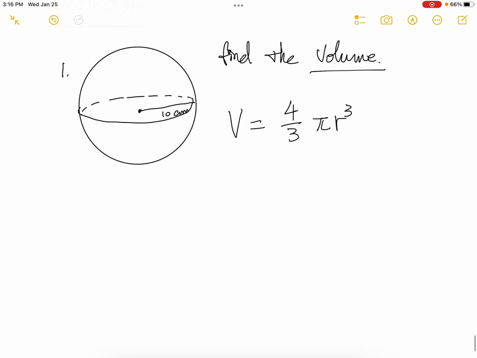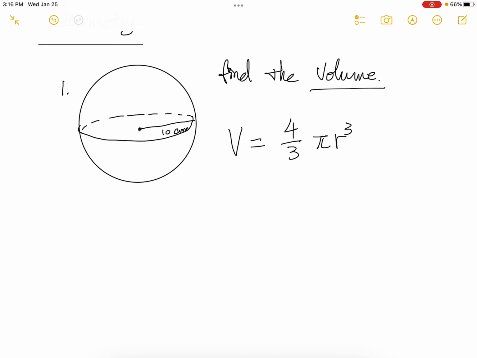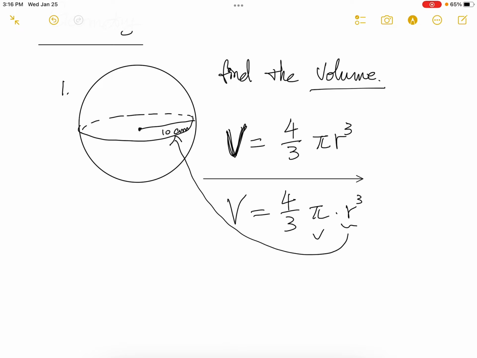Then you look at this formula and ask yourself, do I have all the information I need to solve for the volume? So volume equals 4/3 times pi, you know what pi is, times r to the power of 3. R is 10 centimeters, you know what r is, so that's fine, right?